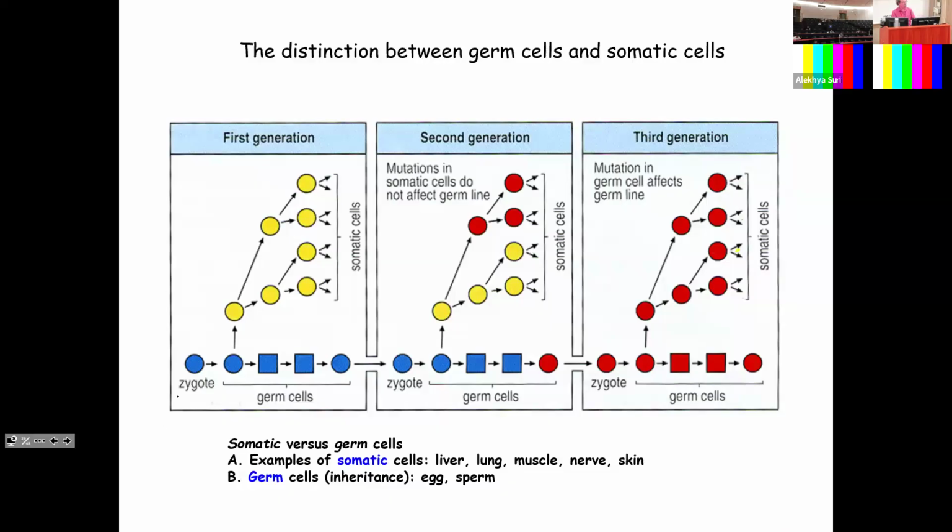However, if you have a germ cell, for example, the sperm and the oocyte, and there is a mutation there, imagine how important that is, because this can pass to the progeny, right? And that's the principle of inheritance. A germ cell will allow passing a mutation into the progeny. And that's why they are very well protected in the body.